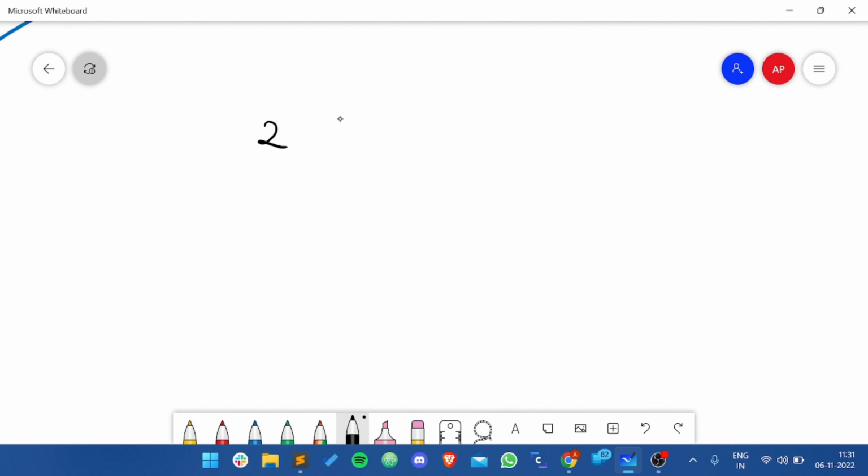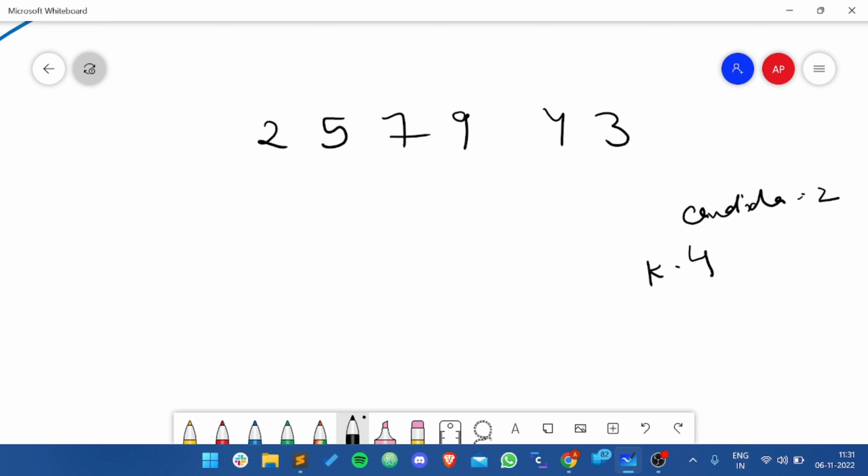If this 5 7 3 4 and 9 is the order, and candidates is 2, and I have to hire 4, k is equal to 4. In the first to be done set these 4 will be present.